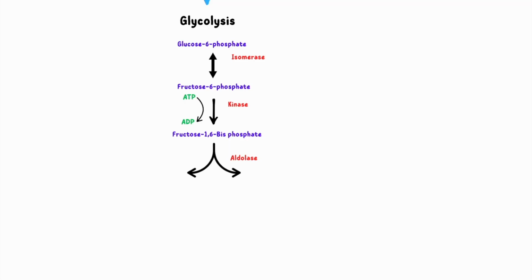Next step, aldolase cleaves the fructose 1,6-bisphosphate into two different three-carbon sugars, dihydroxyacetone phosphate, also known as DHAP, and glyceraldehyde 3-phosphate or G3P. The isomerase enzyme here rapidly converts the DHAP into G3P, ensuring both 3-carbon molecules proceed through the next step.